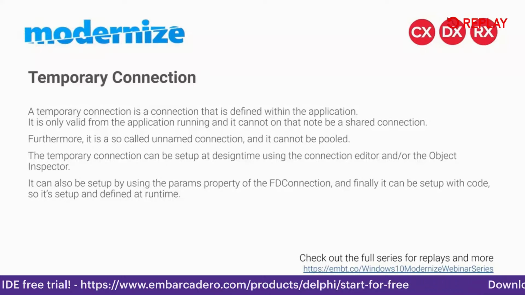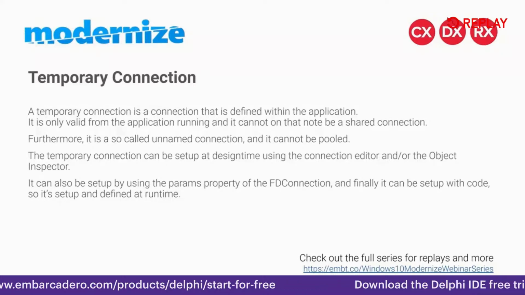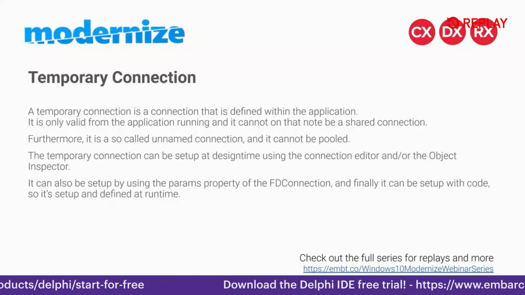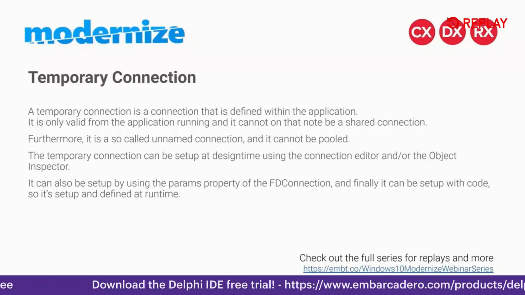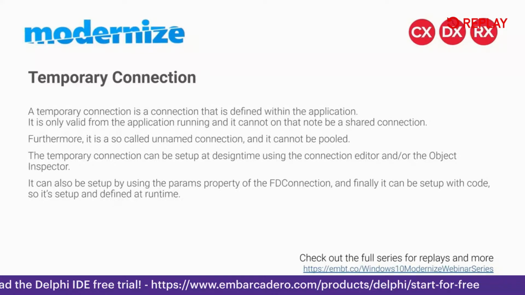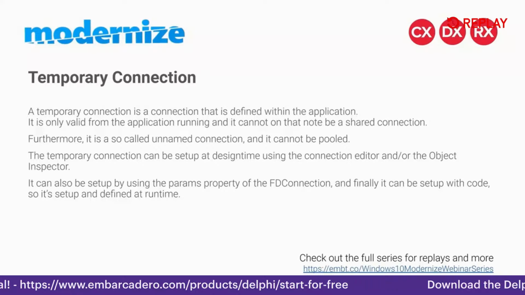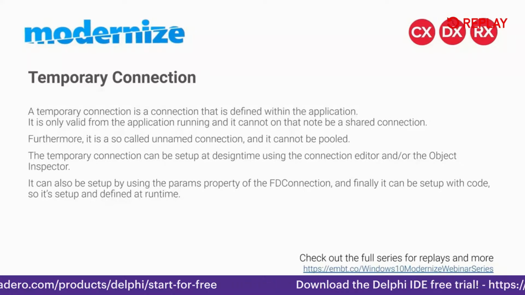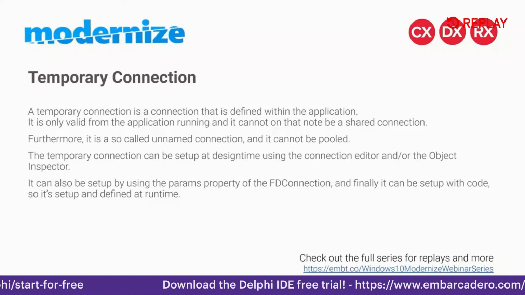Now, pooling could be a significant thing to look at if you're making any threaded applications, because if you have a threaded model accessing any database, you will need a connection per thread.